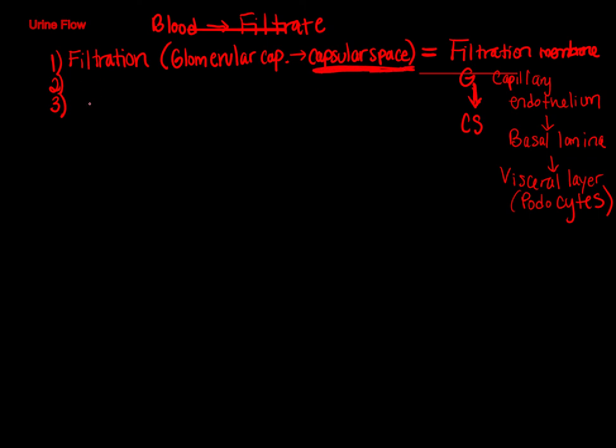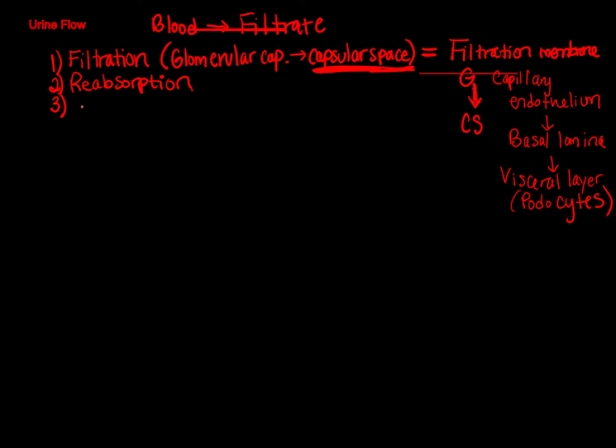The second function is going to be reabsorption. So while we will filter quite a bit of the blood, lots of things are going to filter out into the capsular space that we actually want to keep, like nutrients and water.